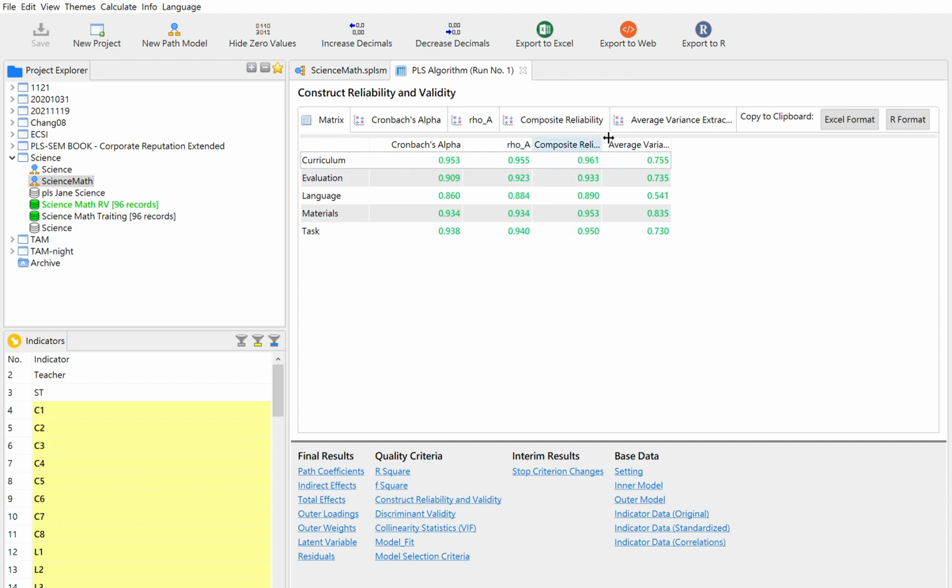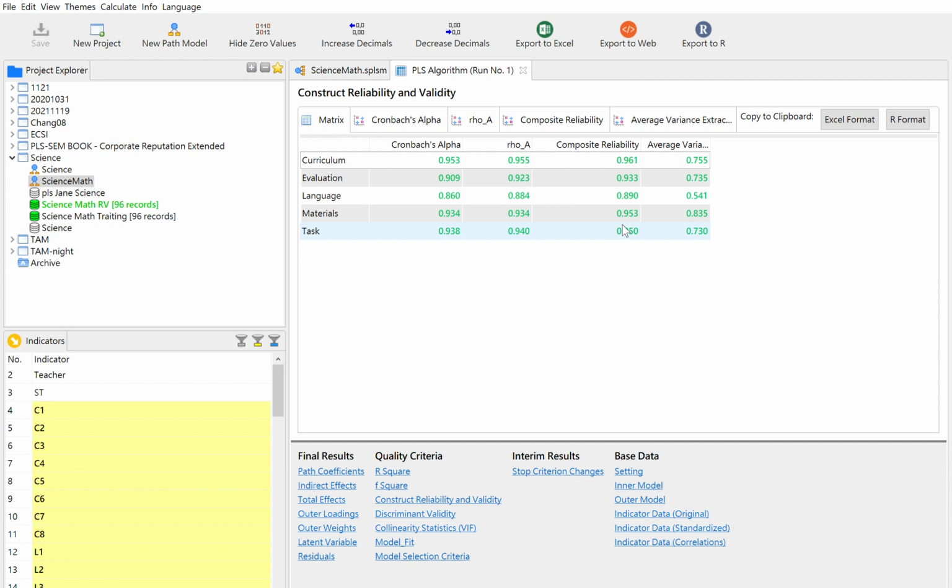But for PLS-SEM, composite reliability is the way we determine convergent validity and reliability, and it should be between 0.7 and 0.9, and they all meet that criteria.